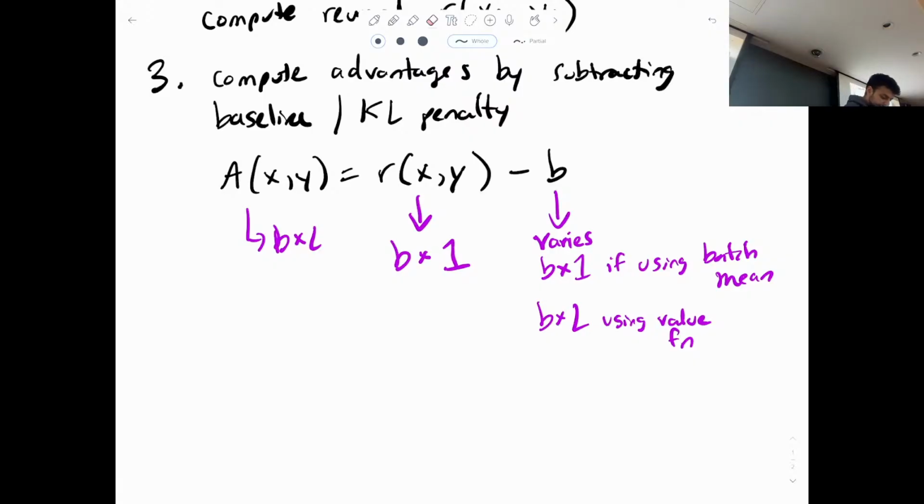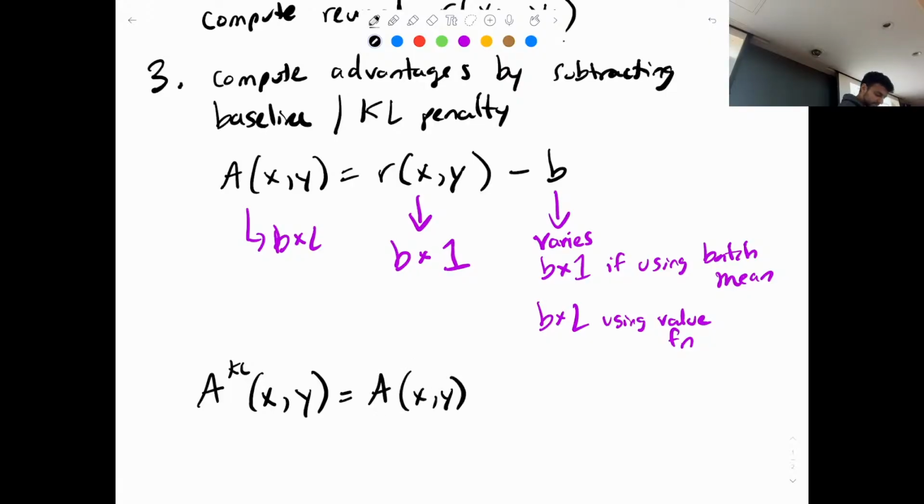But in the standard formulation, we computed this KL augmented advantage here, which is this minus this beta hyperparameter times the KL divergence, SFT.